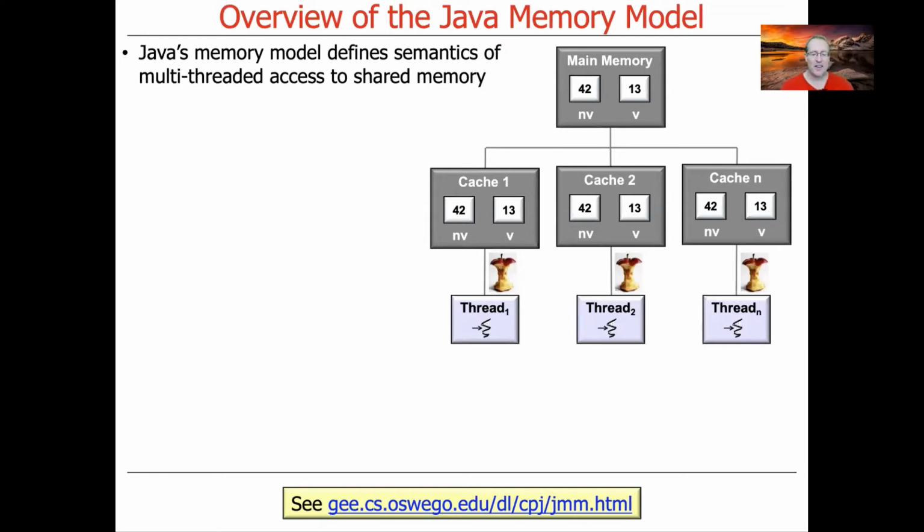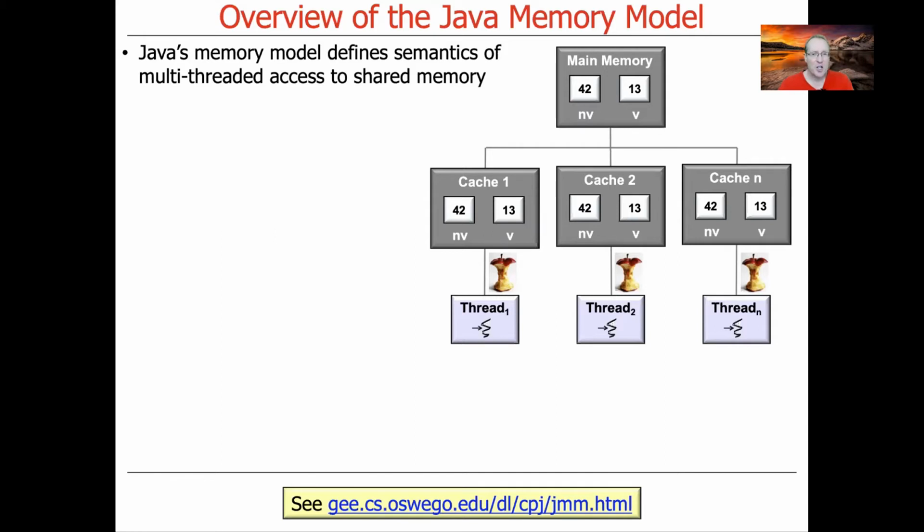And if you take a look at the Java language specification, you'll see there's a whole big section on memory models. If you take a look at the link at the bottom of this page, you'll see a summary of the Java memory model. And basically what the Java memory model does is it defines the semantics of multi-threaded access to memory that's shared by multiple threads running within a process.